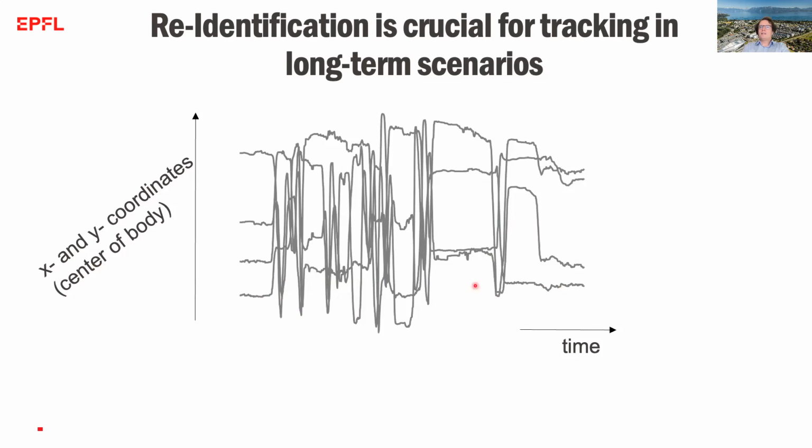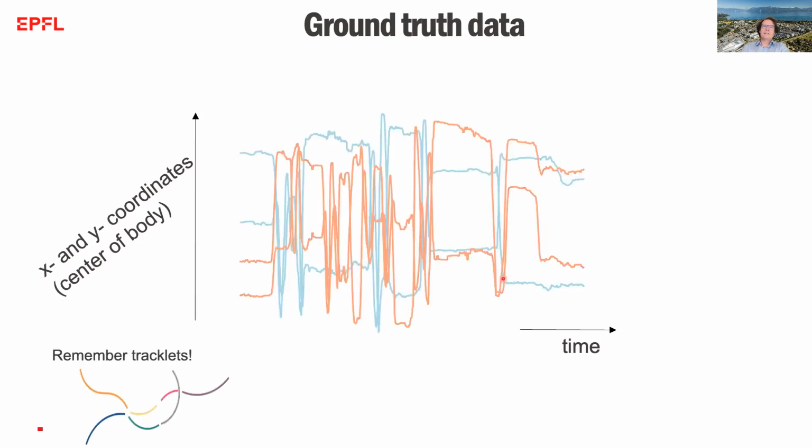If you look at this data, it looks relatively complex, and you can imagine that it's hard to keep track of who is who here, even based on these trajectories. If I color it for you, you can see that there's this red marmoset across time and the blue marmoset across time. And this corresponds to the same kind of figure as the tracklet figure.